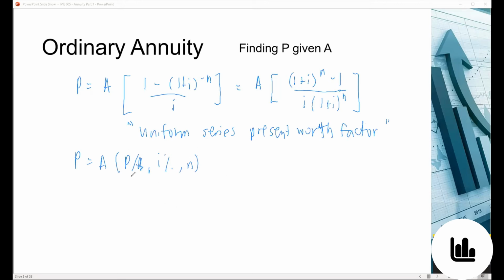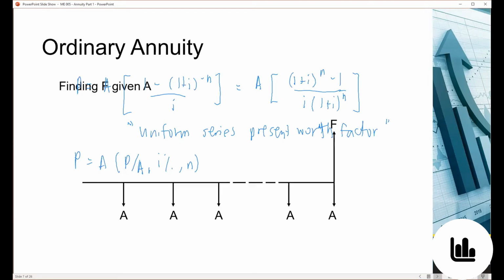So ganyan yung kalalabasan niya kapag isinulat natin sa cash flow diagram. Pwede natin ganito lang ipakita. Then ito yung equivalent niya.